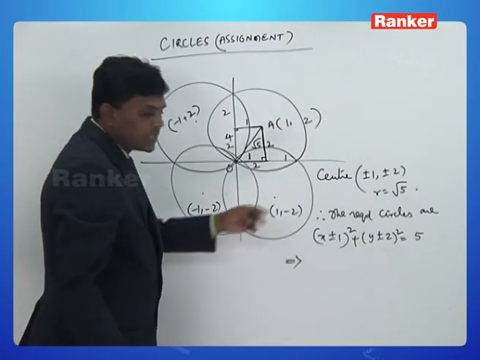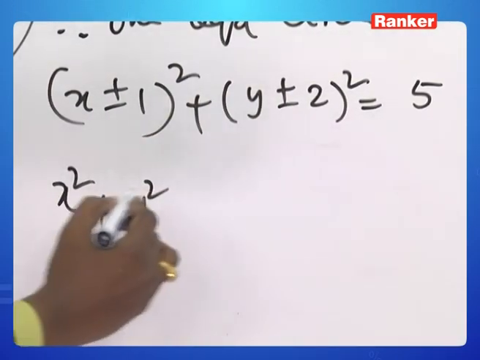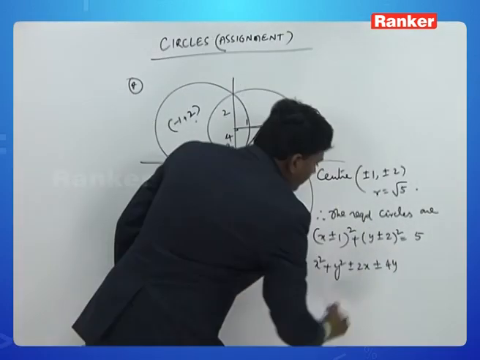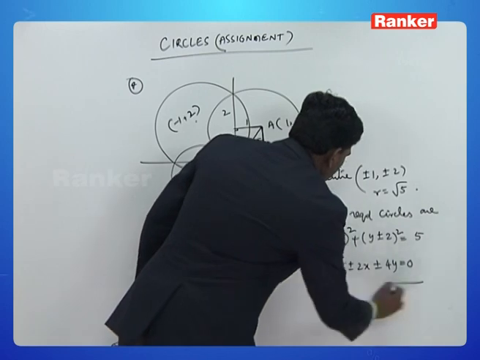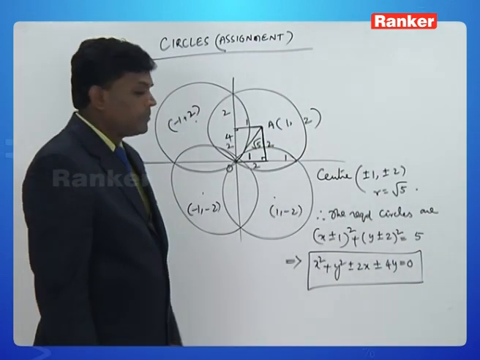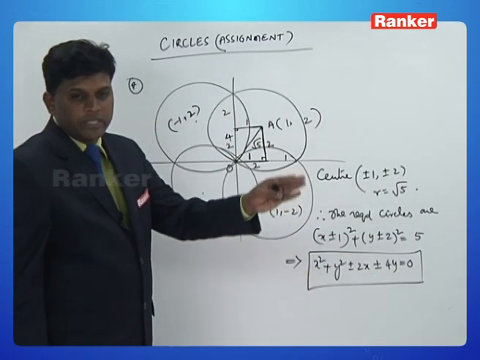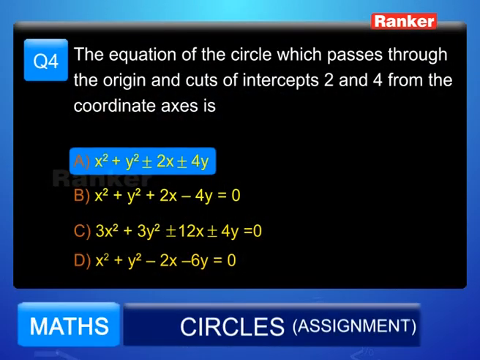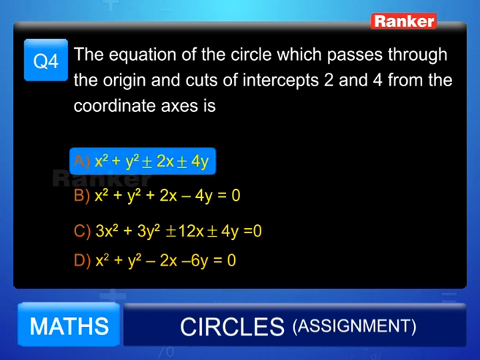On simplifying these equations, we get x square plus y square ± 2x ± 4y, 1 plus 4, 5 cancelled on both sides. So clearly we are getting 4 different circles by taking different combinations of these ± signs. According to the given options, the right option here is A. So the right answer to this question is option A.